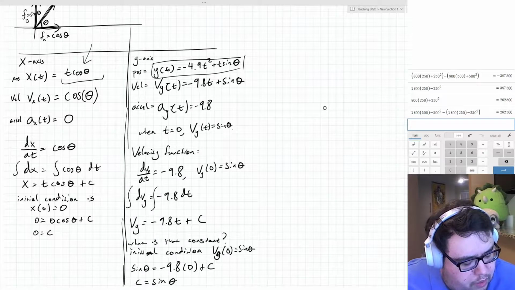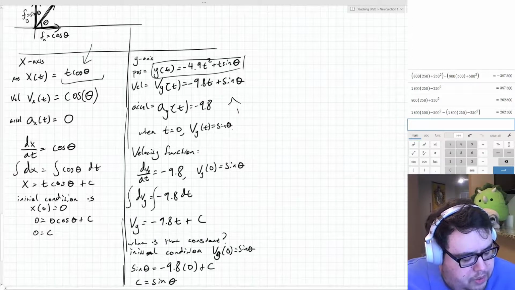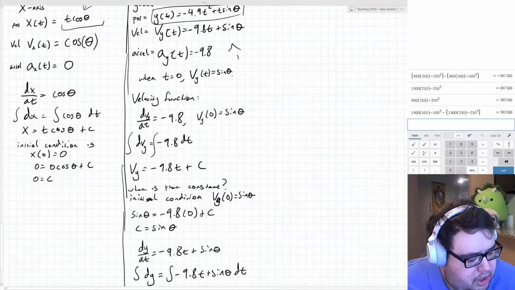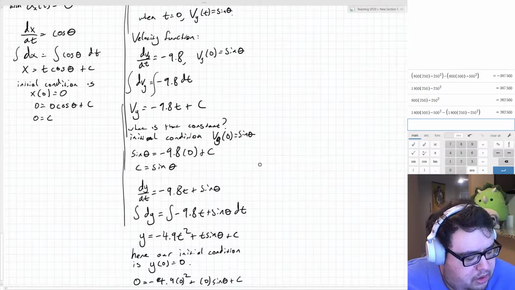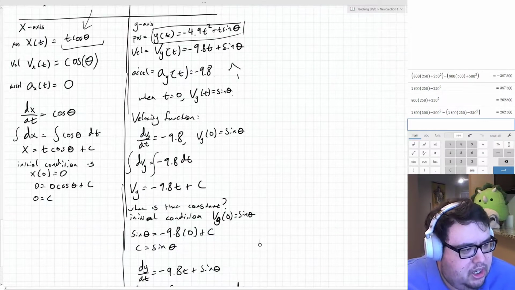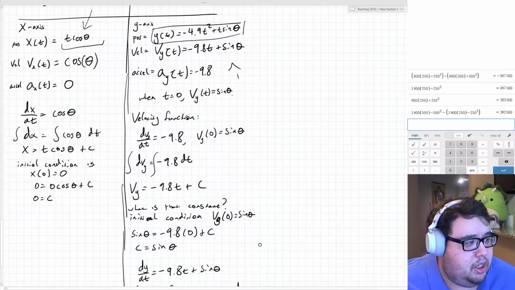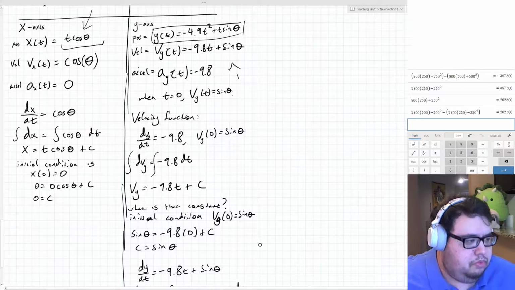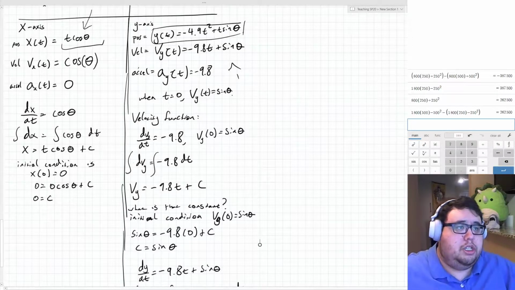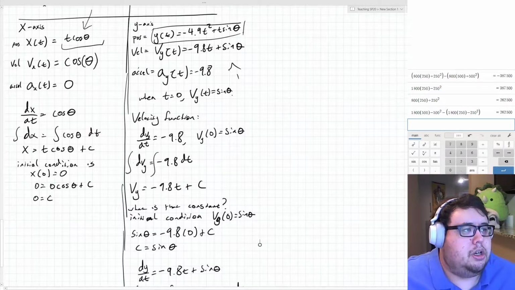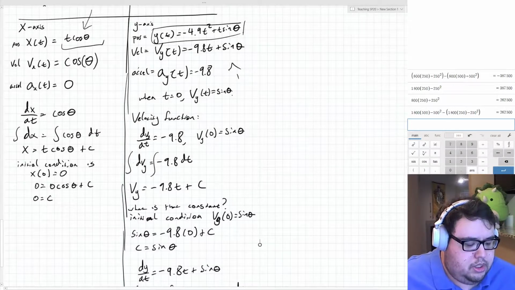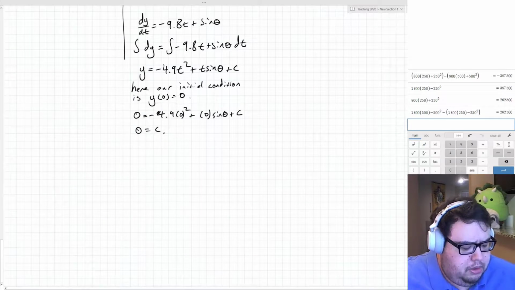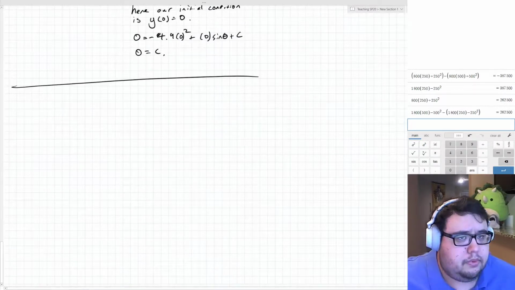But notice on the right-hand side here, through applying a separable differential equation, we've actually derived basically one of the kinematic equations that is used consistently in algebra-based physics. So just as a side note, we'll come back to the initial question in a second. I want to talk a little bit about kinematic formulas.